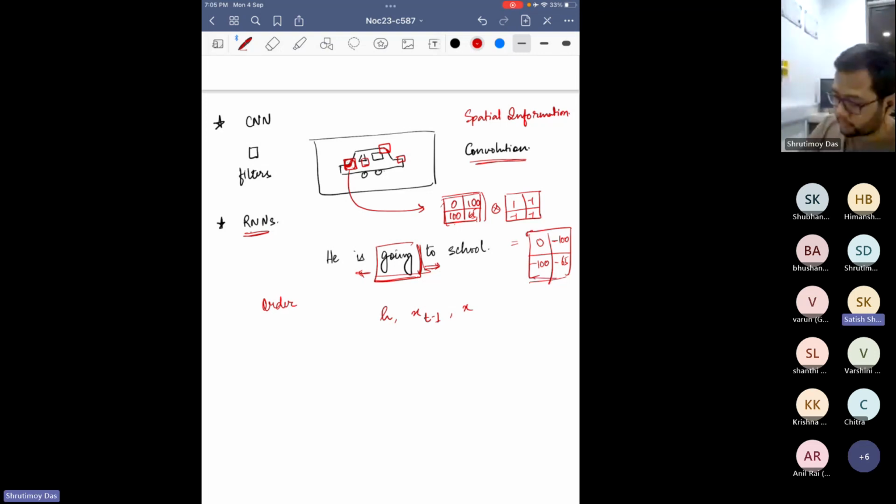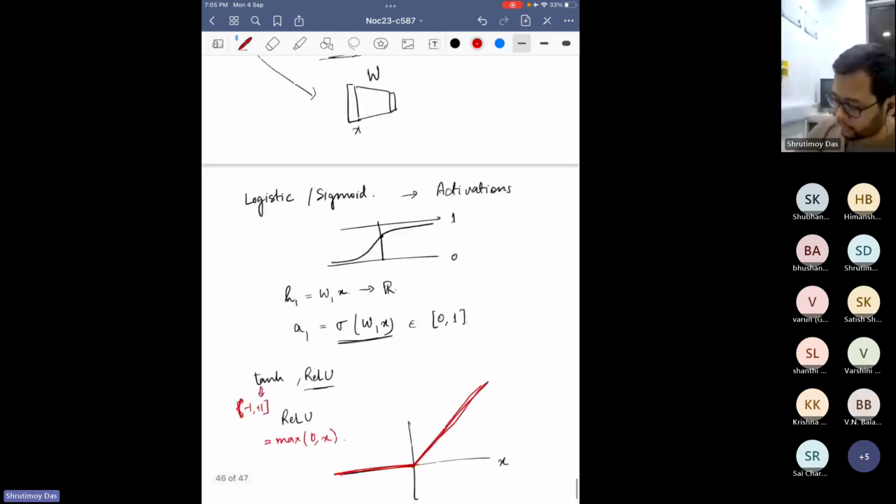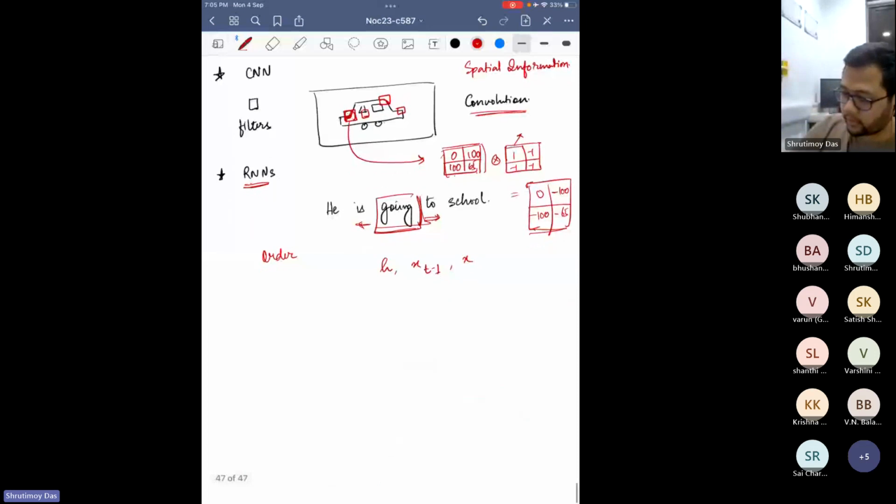I have not understood how you got that 1, minus 1. Okay. So as we saw, this convolution operation is also applying a neural network. These values are actually learned. These are also parameters. So instead of this, I can write W11, W12, W13, W14.